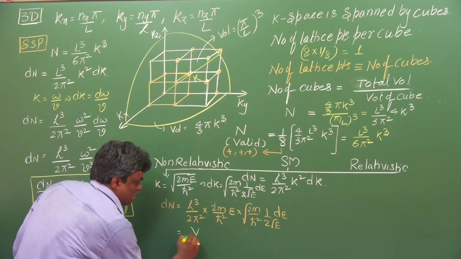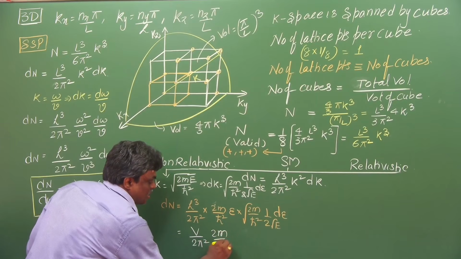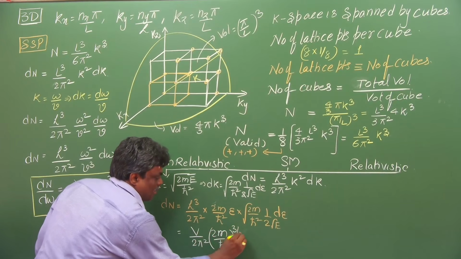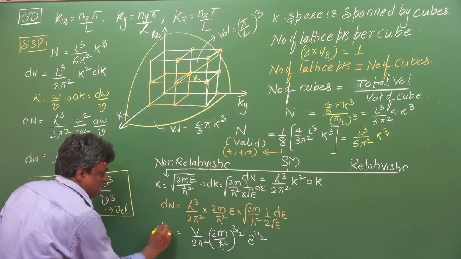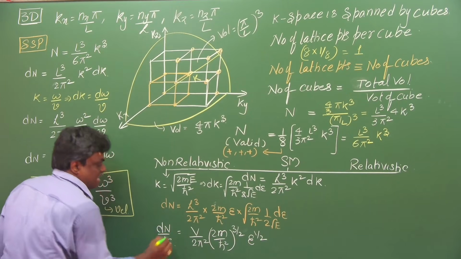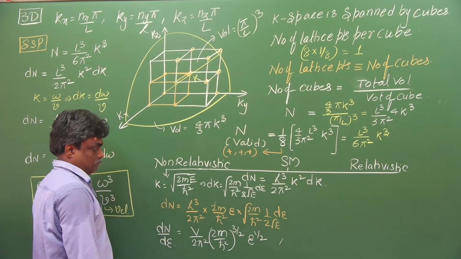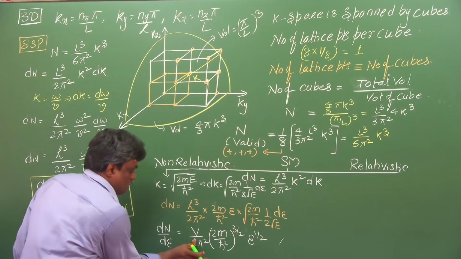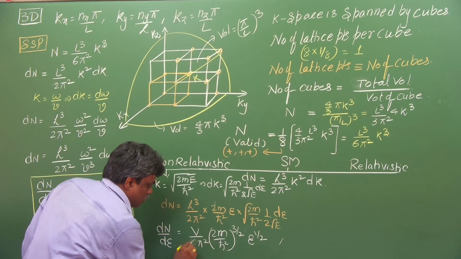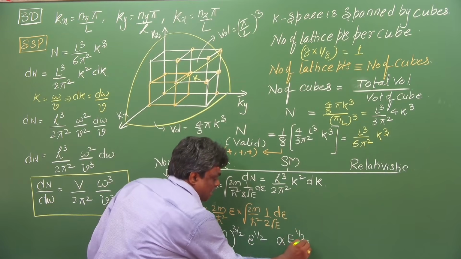L cube is V by 2 pi square, 2m by h cross square as it is, whole power 3 by 2, E power 1 by 2. Please check. This is dn by dE. I hope you got this. This is V by 4 pi square, and this is proportional to energy power 1 by 2.